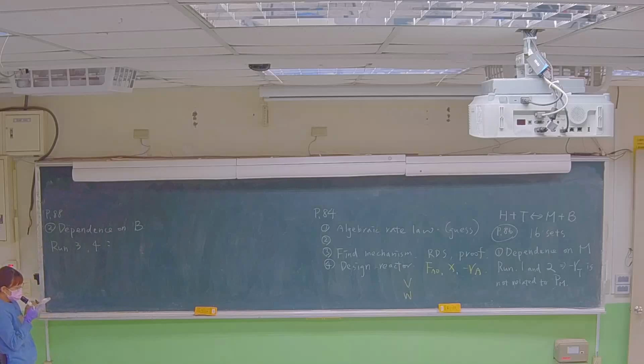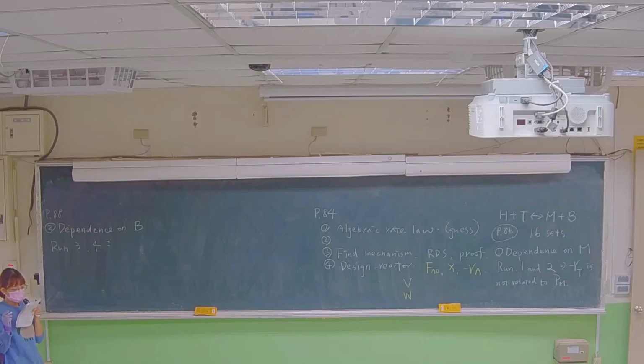So you have to go back to see the table again. For set B, round 3 and round 4, you can see PT, pH2, and the PM are the same, right? You have to see the table. The only different part is PB. So set B3, PB is 1. Set B4, PB is 4.